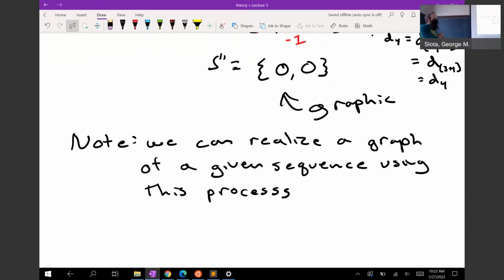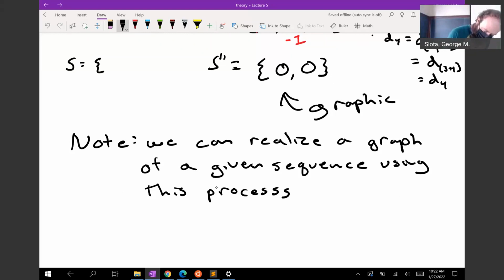That graph that we realize is not necessarily unique for a given sequence. There could be an arbitrarily large number of graphs realized from a given sequence that all have the same degree sequence. Quick example here.